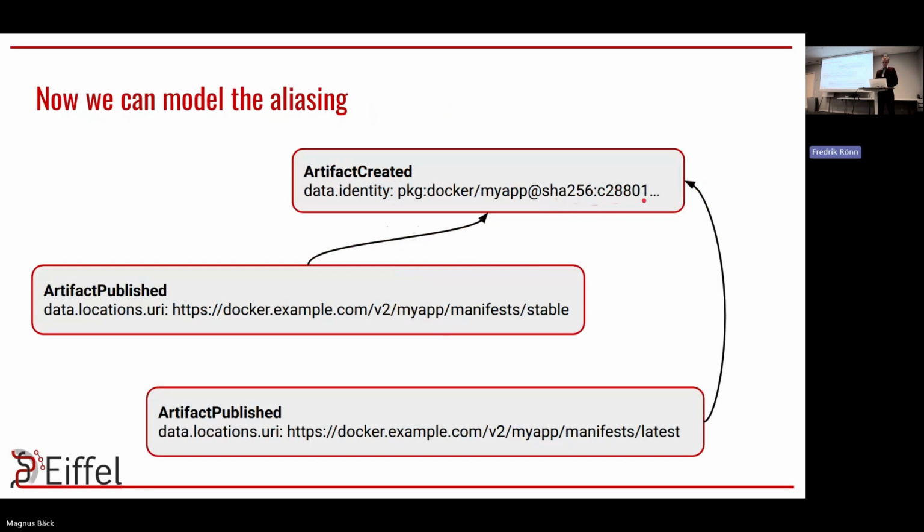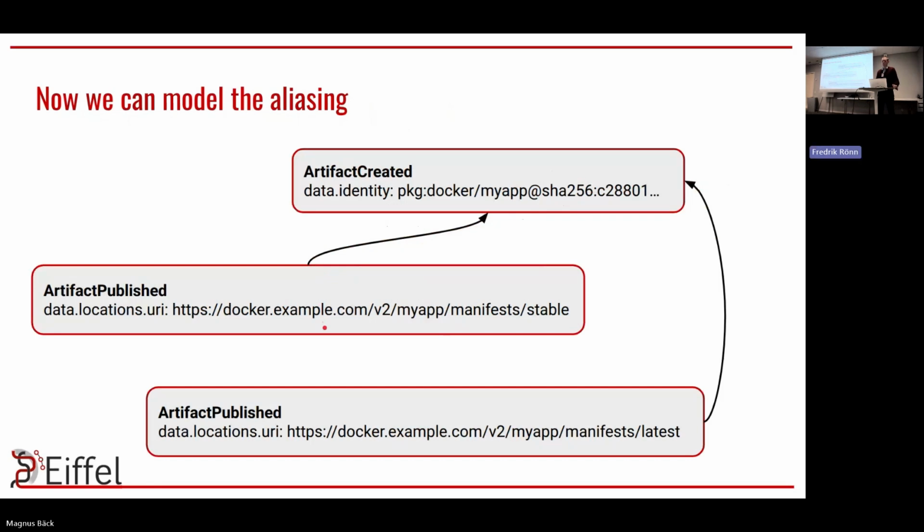So when we build the image, we can send the artifact created with the SHA-256 identity. And every time we push this image to a registry and make it available, then we can send the artifact published and include the URI of the manifest file.